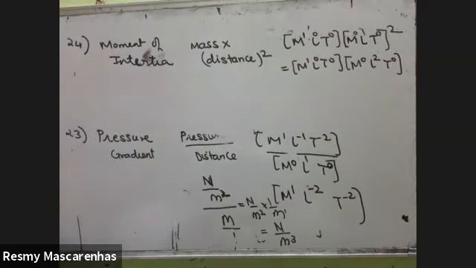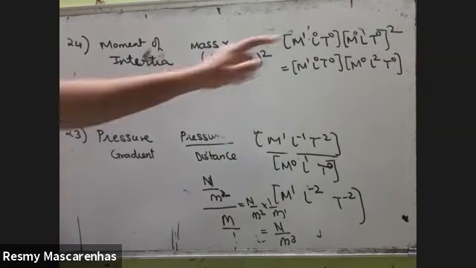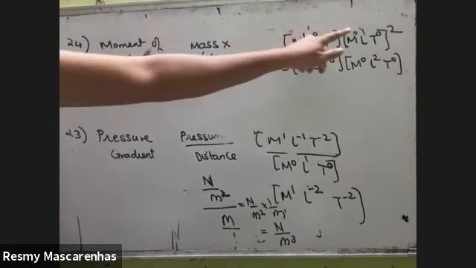Don't do 1 square. It's 1 into 2. And now add the powers. Unit is simple. Mass means kg. Distance means meter square.